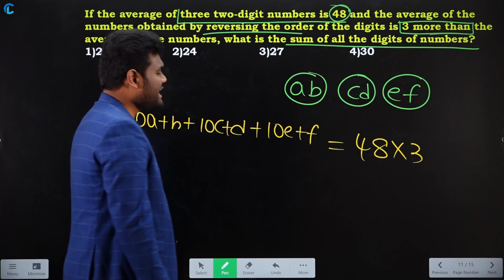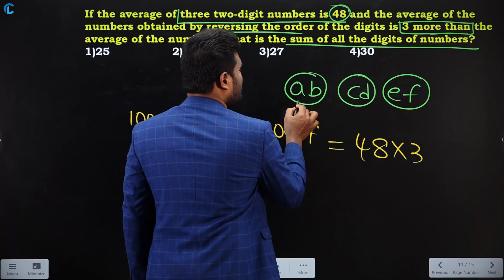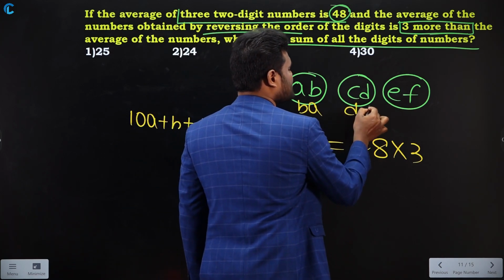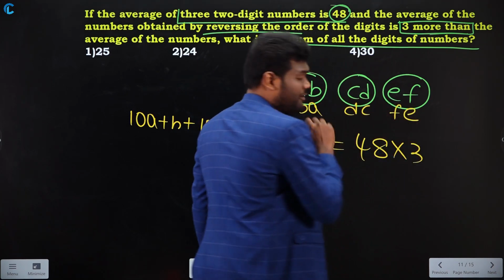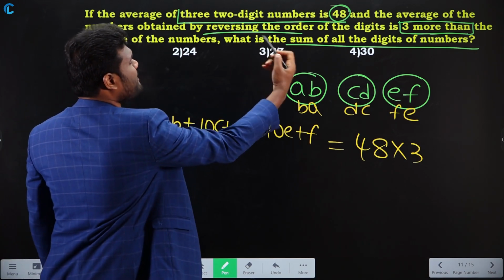Now what is the question saying? If we interchange, AB should be written as BA. Similarly, CD is written as DC. Similarly, EF is written as FE. If you interchange, then what happens to the average? The average is 3 more, it is saying.